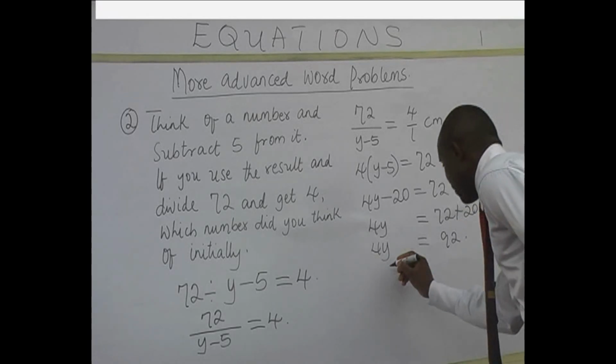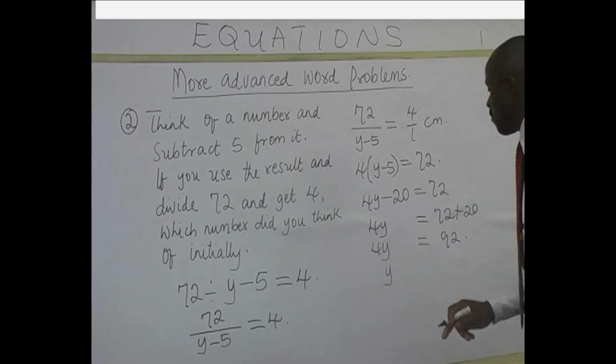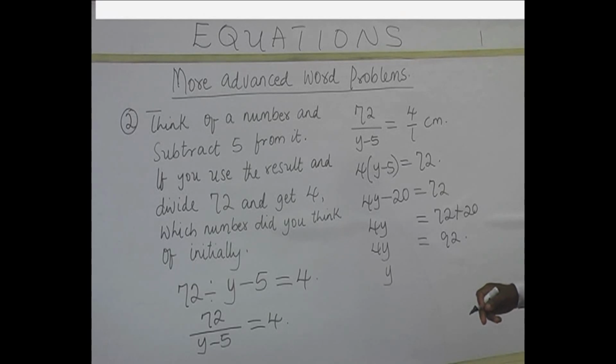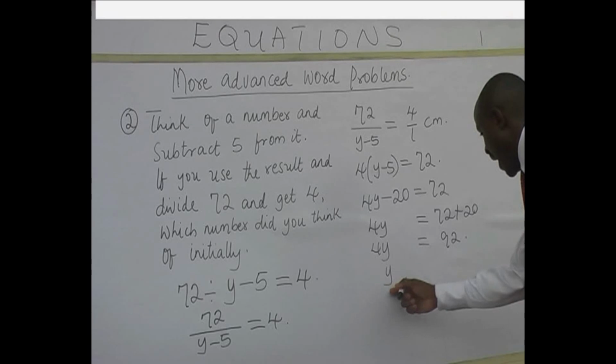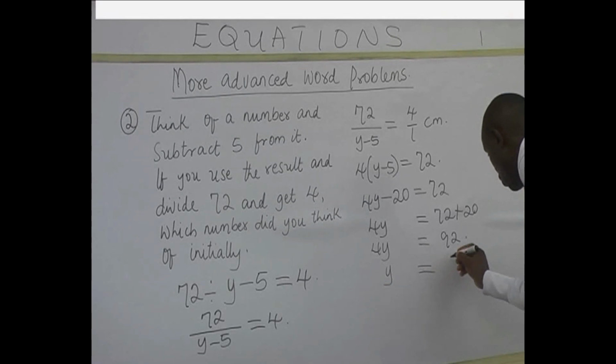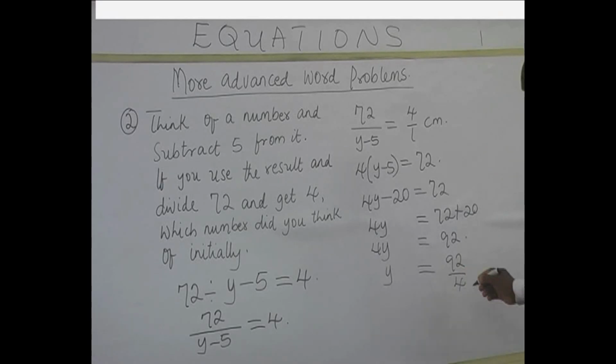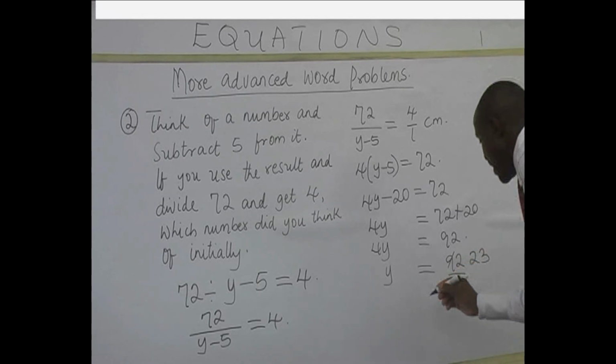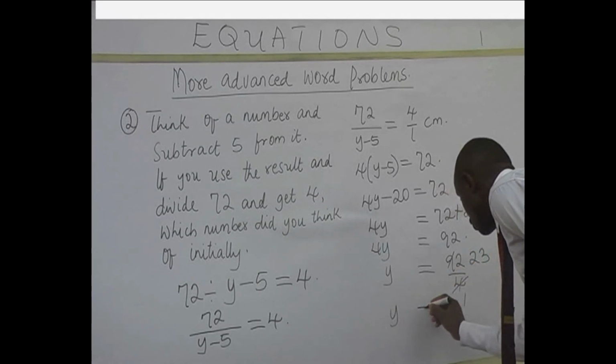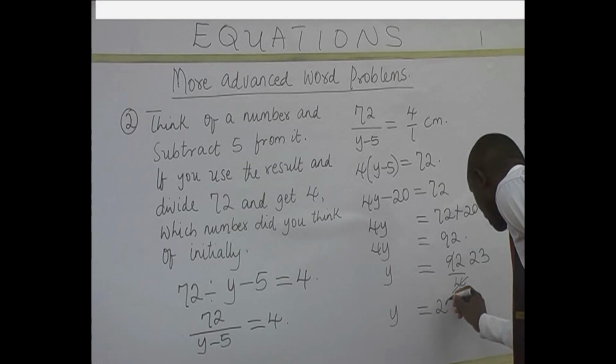Divide both sides by 4 so as to remove 4 from in front of y. When you do that, you'll be left with only y in the left-hand side, and it's going to be equal to 92 all over 4. 4 divides 4 is 1. 4 divides 9 is 2. You'll be left with 1. 4 divides 12 is 3. That means your y is equal to 23.